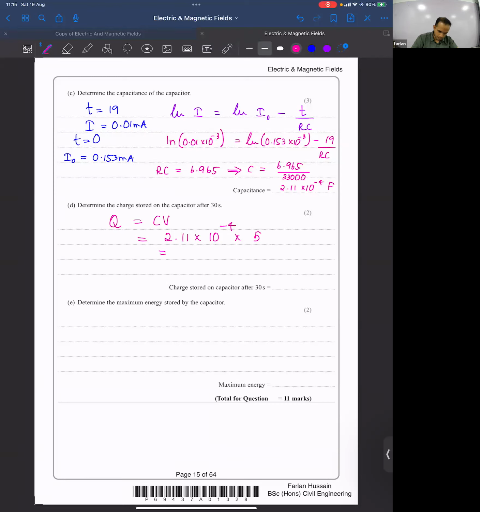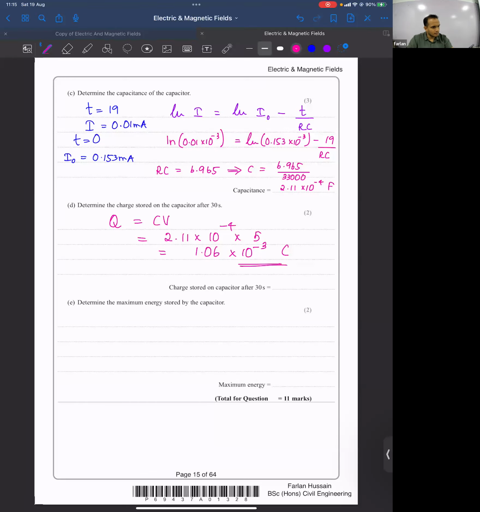Which is 1.06 into 10 to the power minus 3 coulombs. Yeah, correct. So to 2 SF, it is 1.1 into 10 to the power minus 3 coulombs.